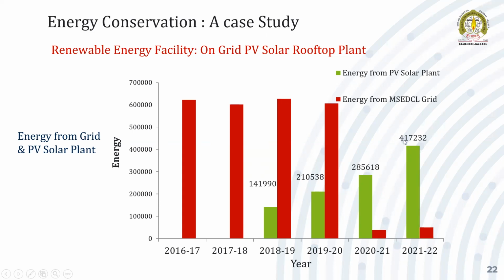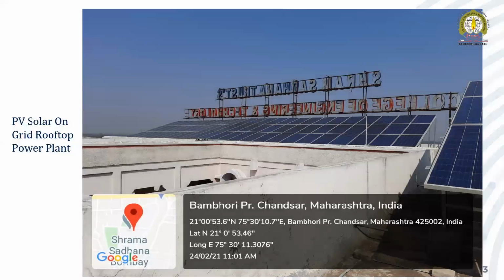So the entire energy comes only from the solar plant, and some of the energy is fed back to the grid as banked energy. So this is the PV solar plant. It's a rooftop solar plant on top of the main buildings and electrical department buildings.